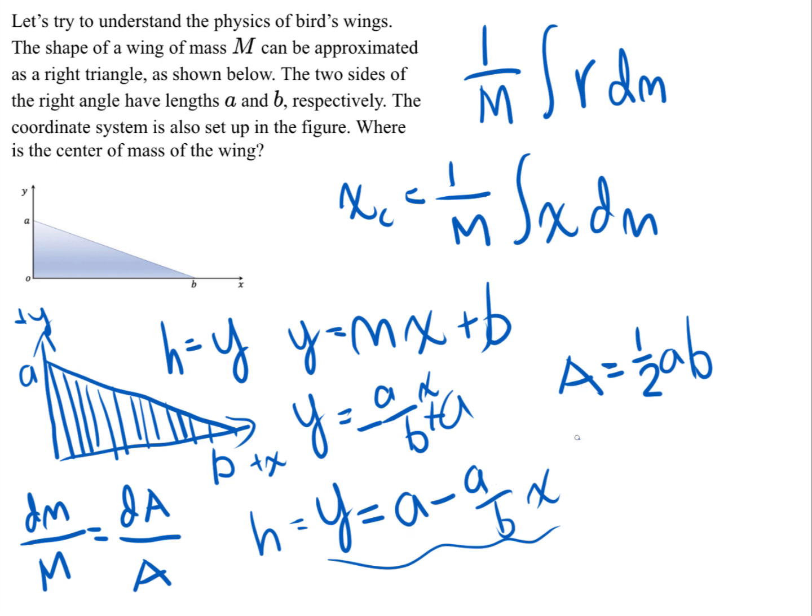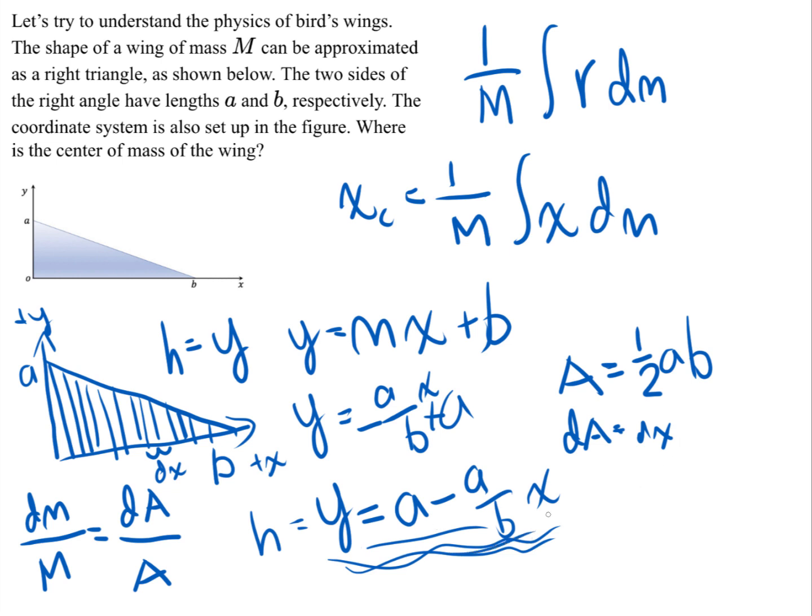To figure out dA, or the area of each little rectangle, we can say that the width of each tiny rectangle is a very small length dx, and each height is what we calculated earlier using this function, the y-coordinate of the top of each rectangle. So the area of each little rectangle is simply going to be its width, dx, times its height.